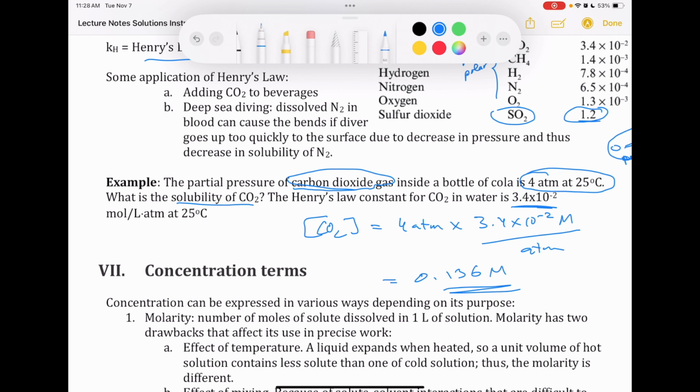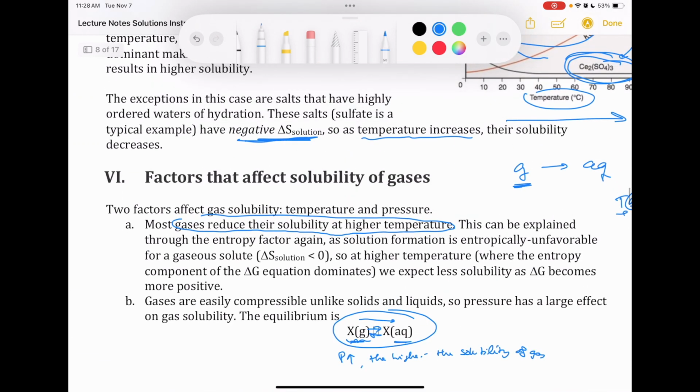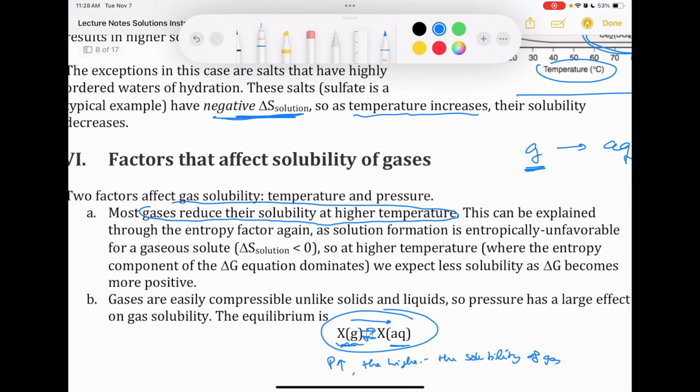As a result, over time, that soda will turn flat. Flat just means that all the carbon dioxide that's dissolved has basically escaped from the solution because the pressure is lower at that point. Now you can make that CO2 dissolve a little bit more, as we talked about earlier, by making the temperature lower, because at lower temperature, gases dissolve better based on the entropy factor being more positive at lower temperature.